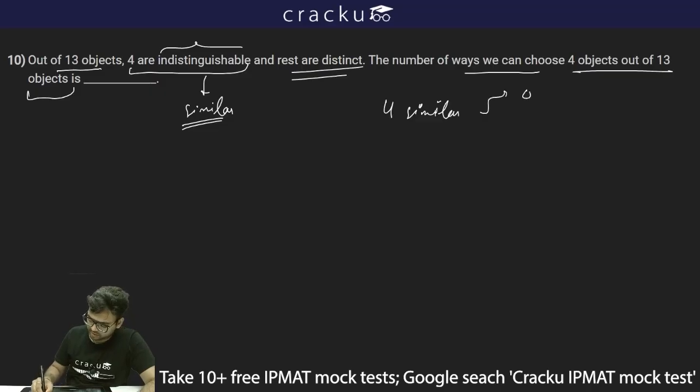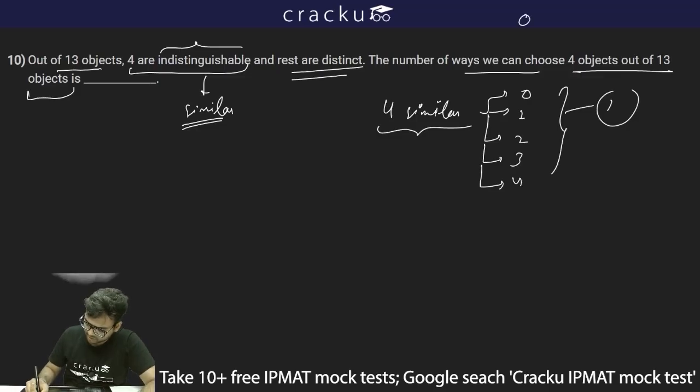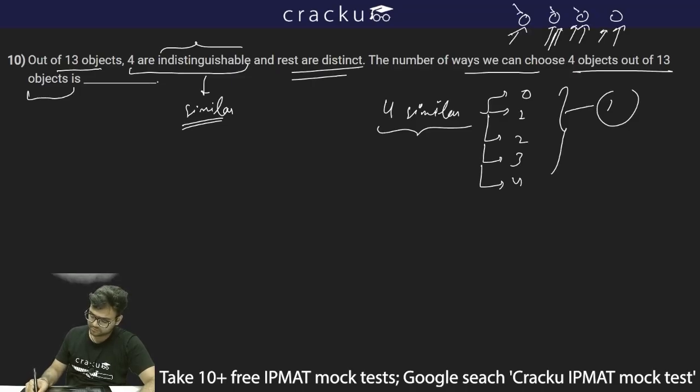the number of ways of choosing 0 objects, choosing 1 object, choosing 2 objects, choosing 3 objects, and choosing 4 objects out of these 4 similar objects will always be 1. Because what it is basically is, there are 4 objects you have, 1, 2, 3, 4, and all of them are similar. So either you choose this one, or this one, or this one, or let's say this one and this one, these 2, or let's say 3 and this, or let's say you choose all 4.